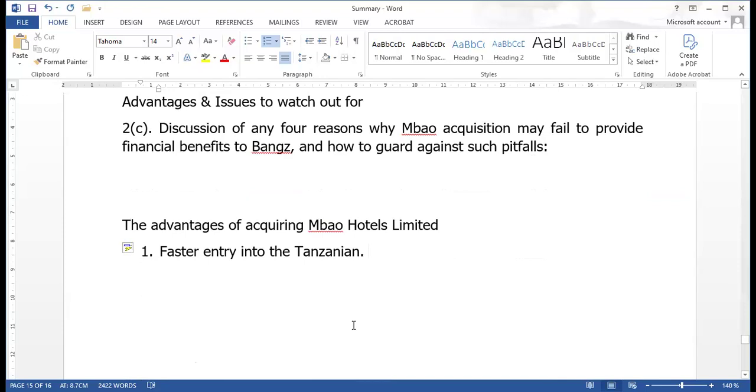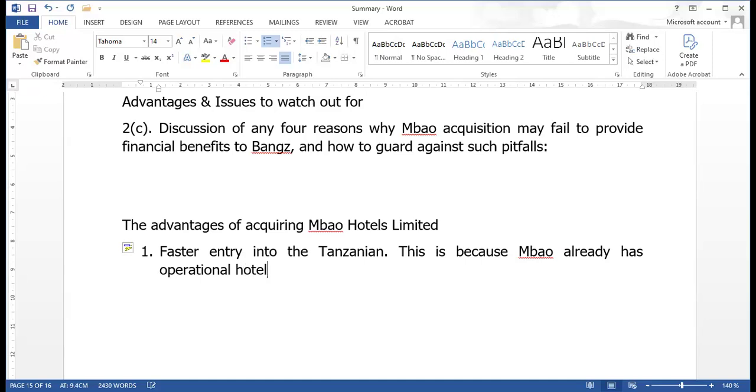Okay, so this is because, here, of course, you're going to write using your own words. This is because Mbayo already has operational hotels. They say similar operations. It has operational hotels.